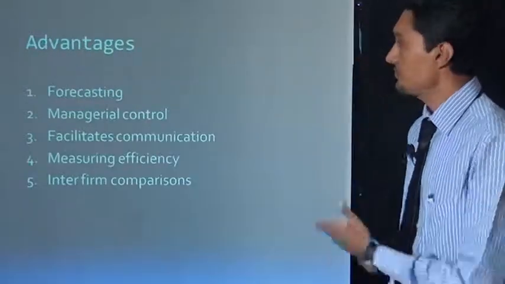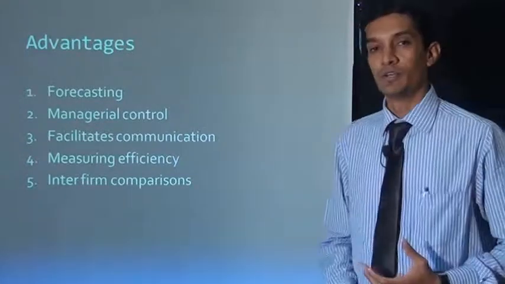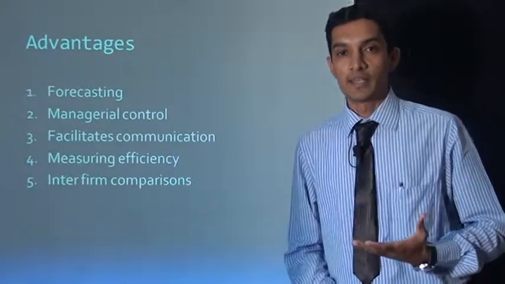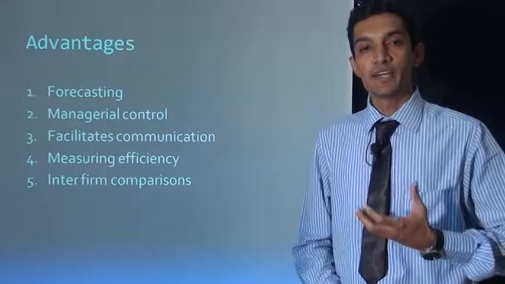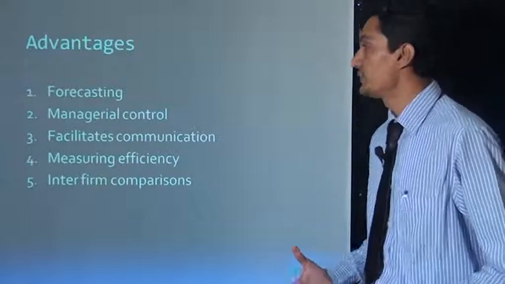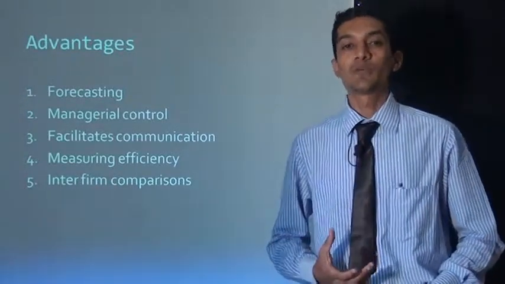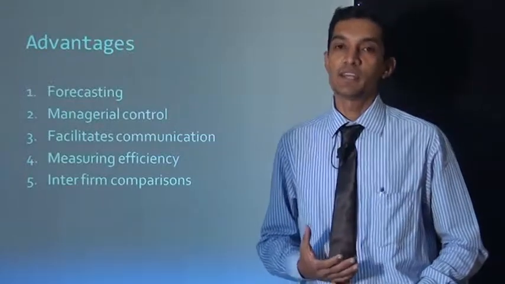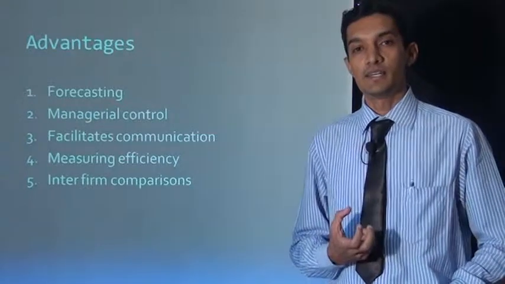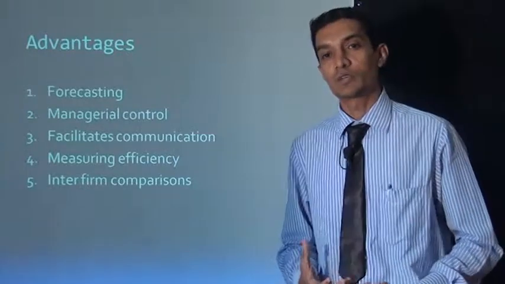Now next, what are the advantages of ratio? The first advantage is forecasting, which in Hindi we call purvanuman. In forecasting, they forecast from the ratio given to them. Next is managerial control. Each and every company or firm has a manager, and the manager has the skill and ability to control the business or whatever the company situation is.